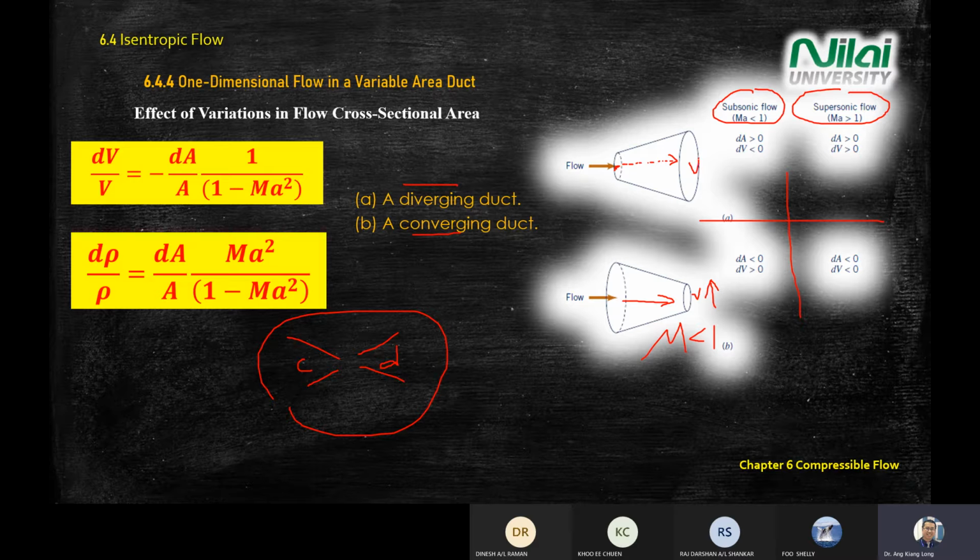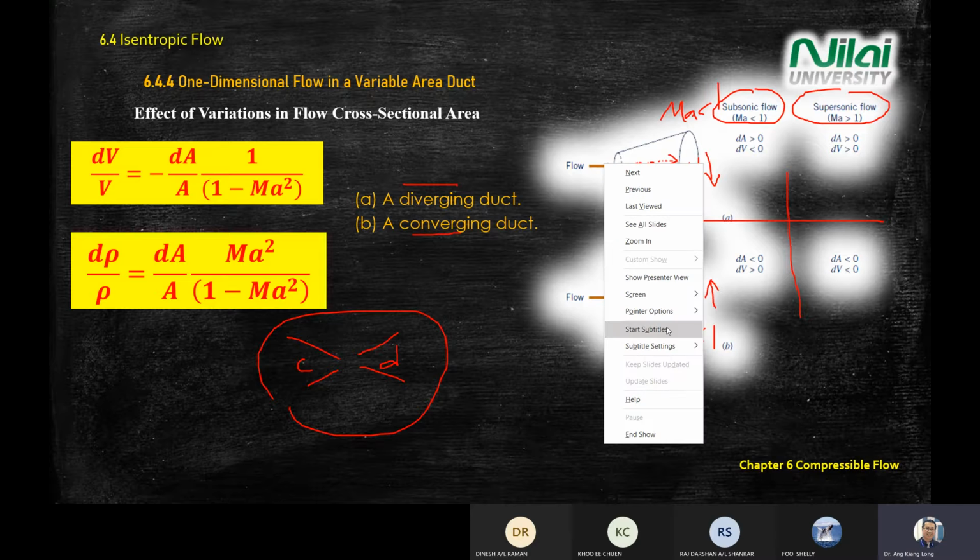Your velocity will drop. If you're running from a small area to a big area, your velocity will drop at Mach number less than 1, or the subsonic scenario. Then supersonic will be the opposite. So this is how you memorize the effect of cross area on the flow.